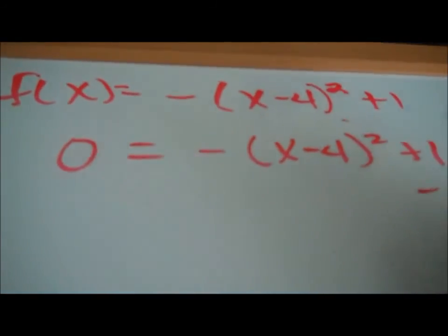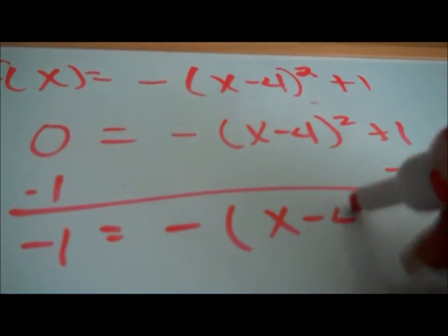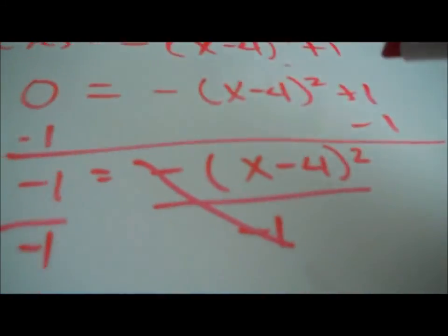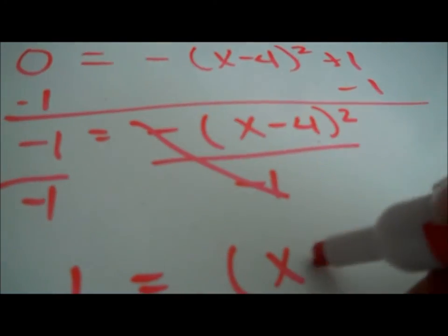I do that by subtracting 1 on both sides, so I get a negative 1 equals a negative quantity x minus 4 squared. Divide by negative 1 to get those negatives to cancel out. So I get a positive 1 equals x minus 4 quantity squared. I need to get rid of this square, so I take the square root of both sides.